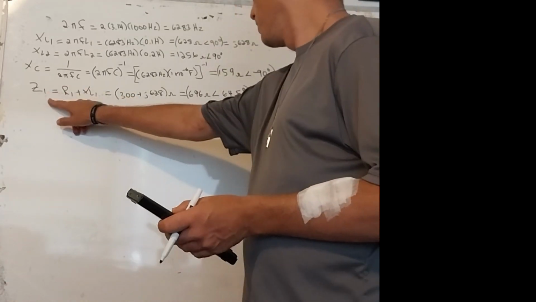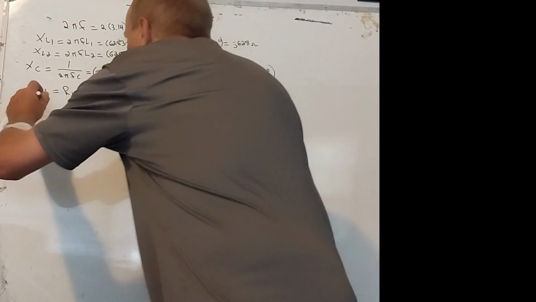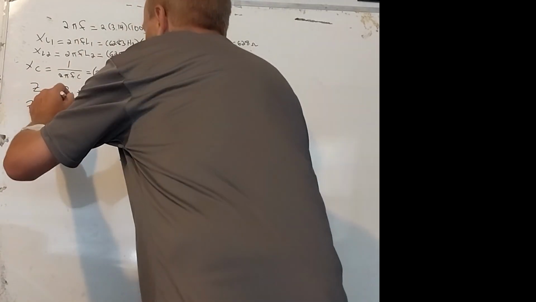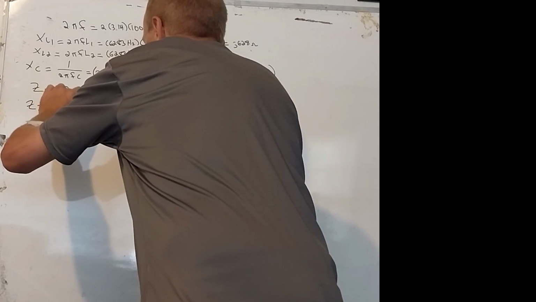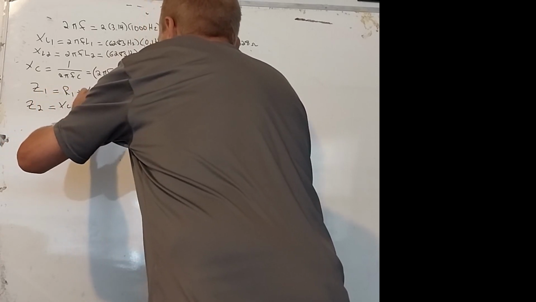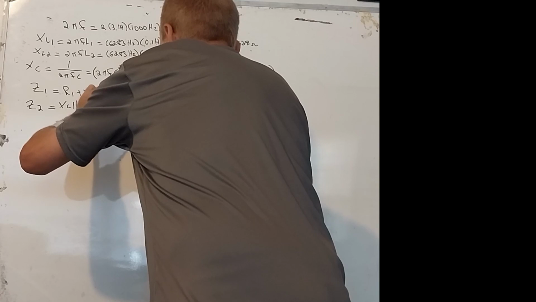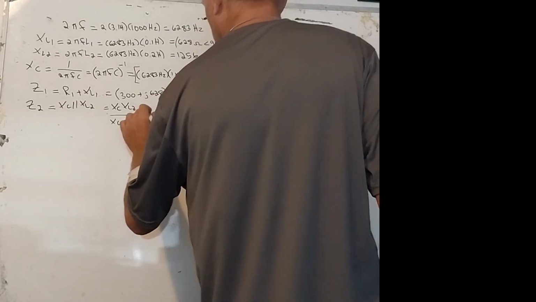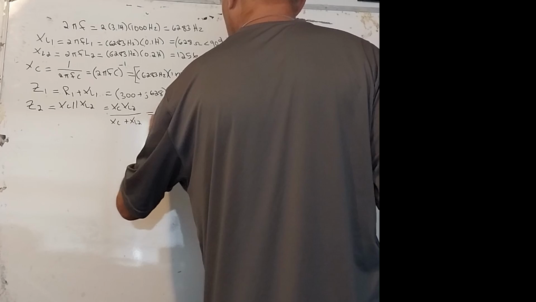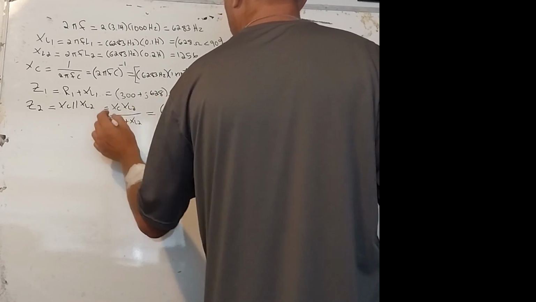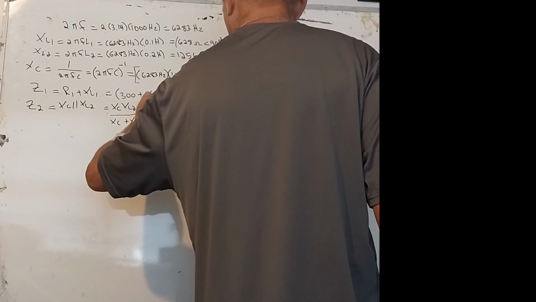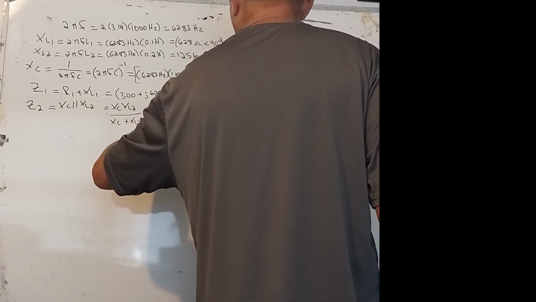Okay, so now that we've got Z1, we're going to find Z2. It's X of C in parallel with X of L2. So X of C times X of L2 divided by X of C plus X of L2. Now this is going to be equal to X of C, we got 159.